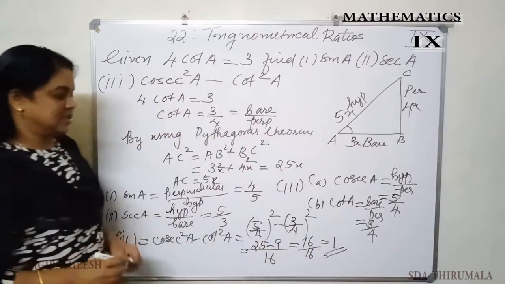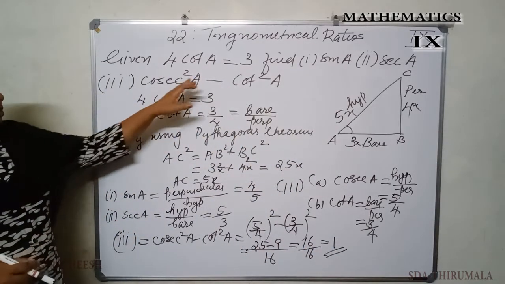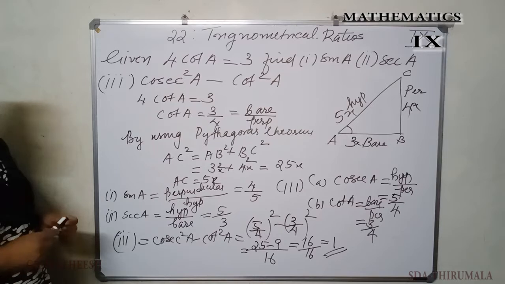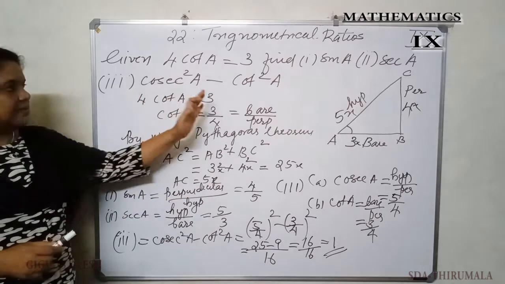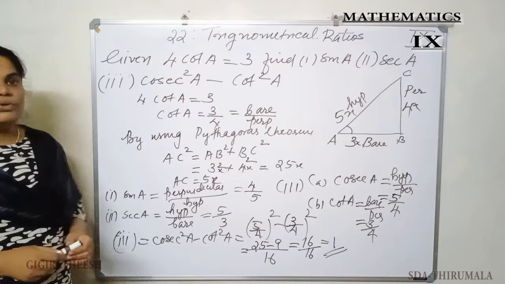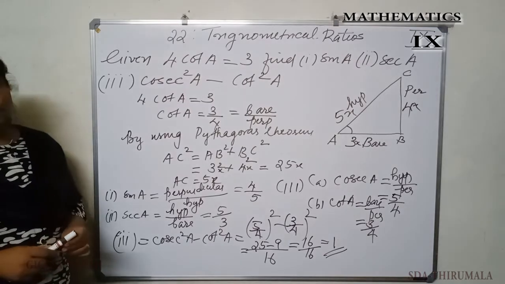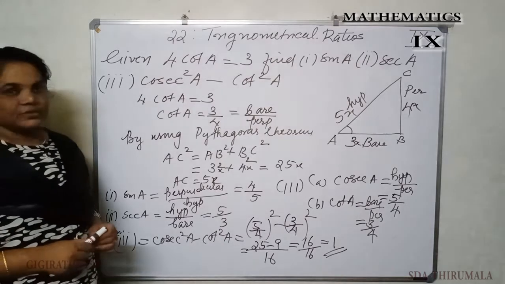So cosec square A minus cot square A is equal to 1.